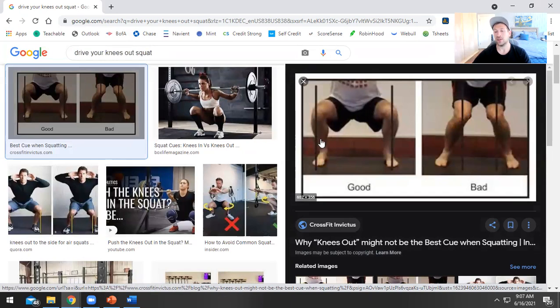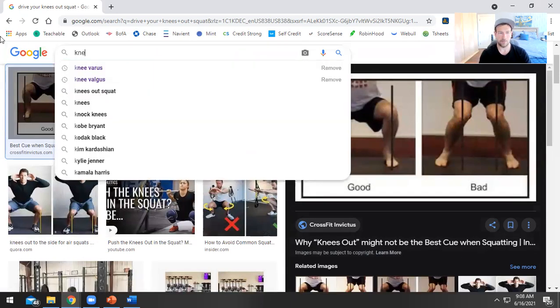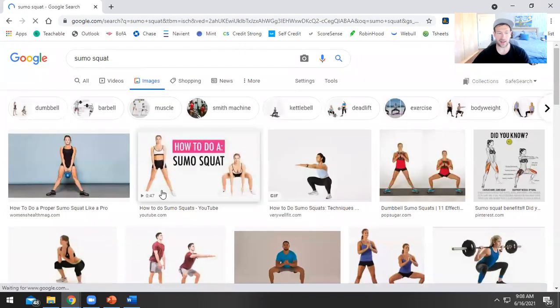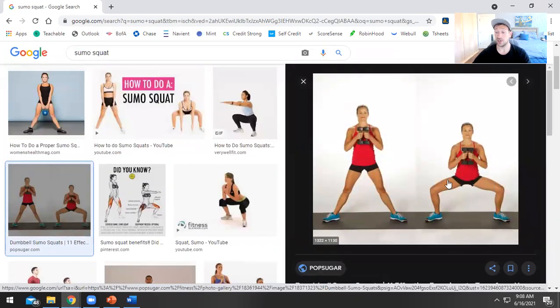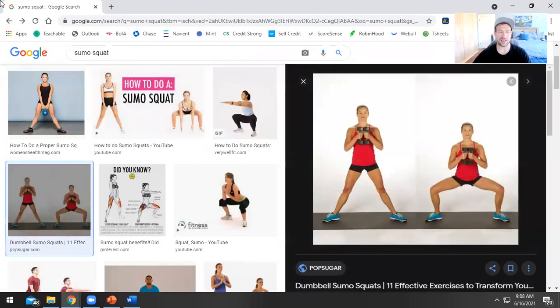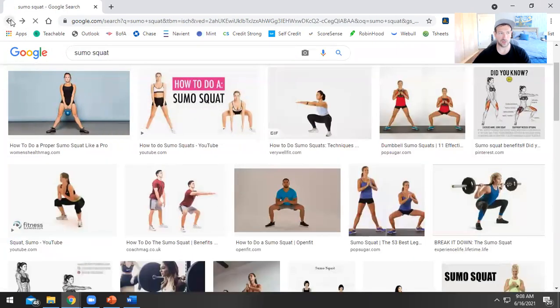By the way, when I say driving the knees out, you'll notice it's still a very straight line. They're not doing knee varus, where they're doing a knee squat action. They're not doing this kind of thing, although she is still tracking her knee over her toe quite well. It's just driving the knees out while the toes are still pointing straight forward.